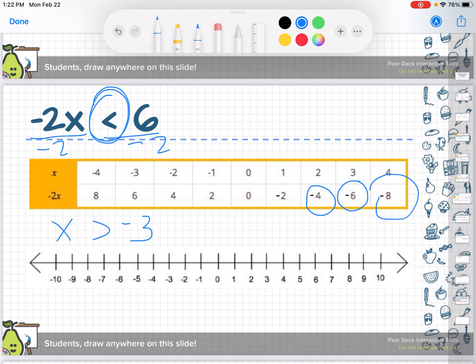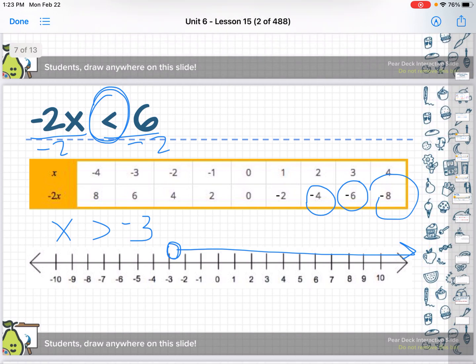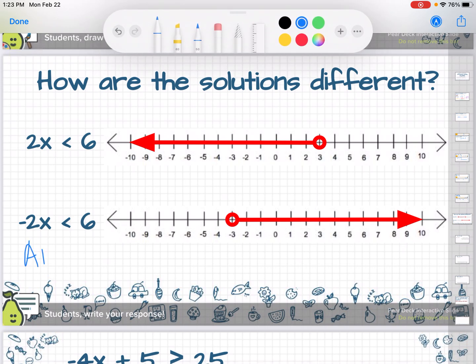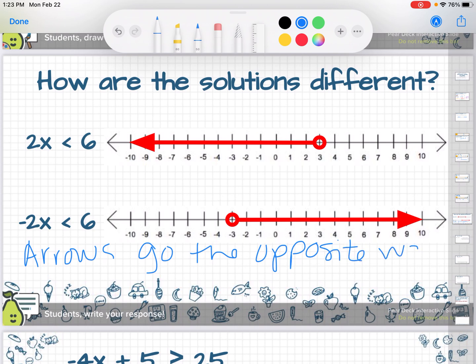So that means I'm going to use an open circle on negative 3, and x is greater than negative 3. How are these two solutions different? Okay, well, you know that the arrows are going in the opposite direction. You know that one is negative and one is positive.